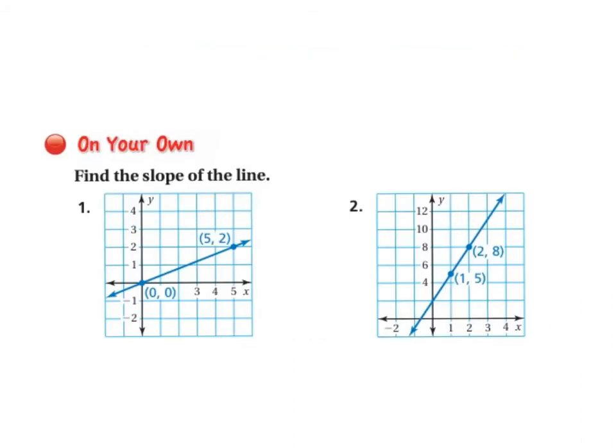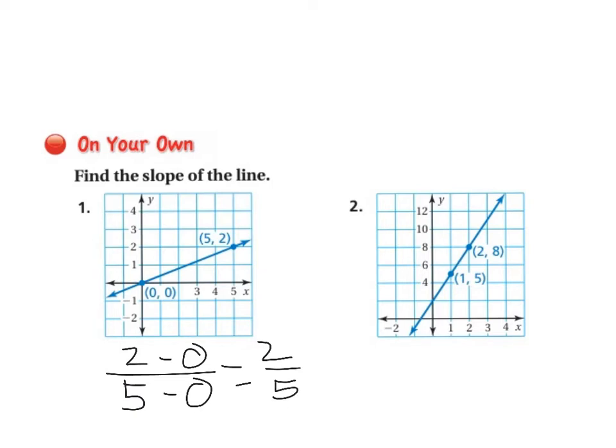Let's look at these on your own problems, and we'll do them together. So we'll take 2, that's our y2, minus 0, that's our y1, over 5, x2, minus 0, which is x1. So that's 2/5.